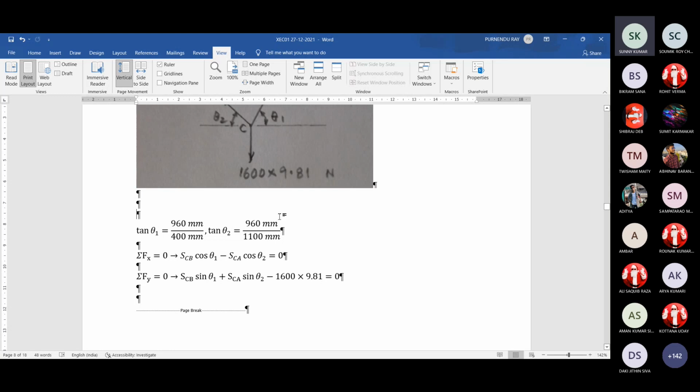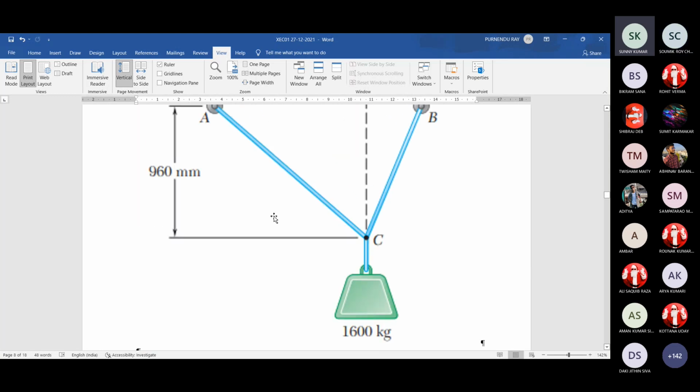Lami's theorem is for equilibrium, but for this case, this joint C is under equilibrium under 5 forces, where 3 are the given known magnitude forces with their known direction. 1600 corresponding to this 1600 kg, a vertical downward force, one horizontal force maybe of 700 kg, one inclined force in this direction.